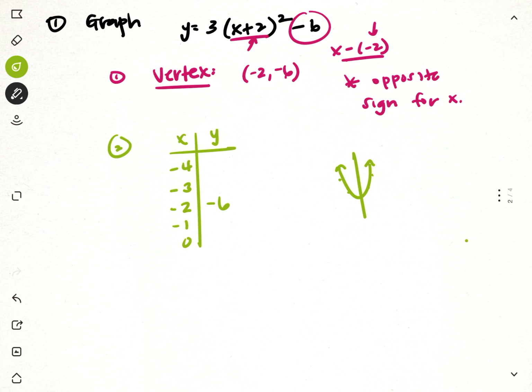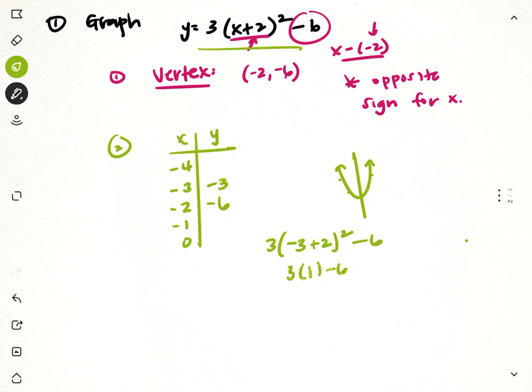Let's plug in these values to our function. If we do -3, we get 3 times -3 plus 2 squared minus 6. Then -3 plus 2 is -1, squared is 1. So 3 times 1 is 3. Minus 6 is -3.